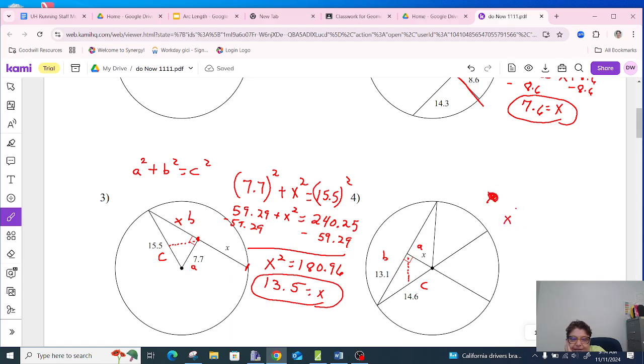Let me start over. x squared plus 13.1 squared is equal to 14.6 squared.